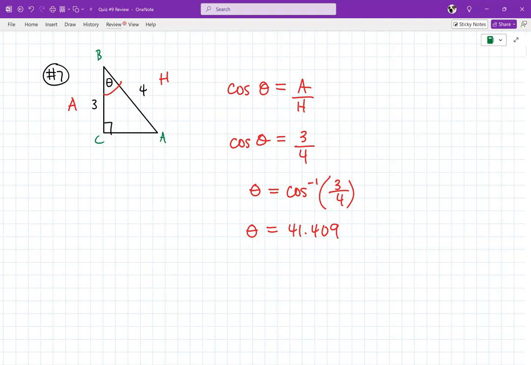What if I was rounding to the nearest hundredth? 41.41. That's what I get. But the nearest tenth is 41.4. Okay? And that's degrees. So there you go. This is what you guys need to know for tomorrow. Calculator heavy, right? You're going to need your calculator for this.